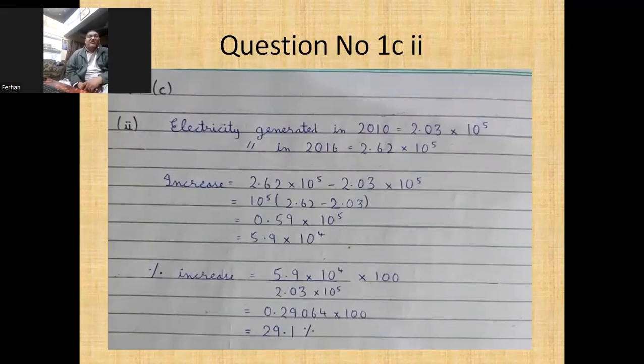Then you have to find the increase. The percentage increase is the increase divided by the old value multiplied by 100. So it will be 5.9 x 10^4 divided by the old value 2.03 x 10^5 multiplied by 100, and you will get 29.1%. So the increase in the production of the electricity is 29.1%.